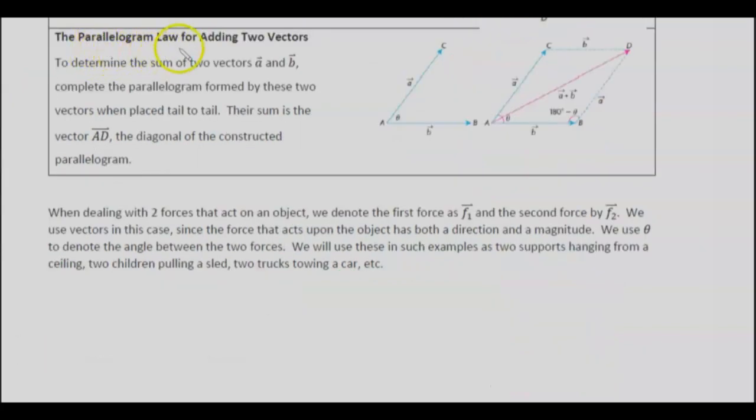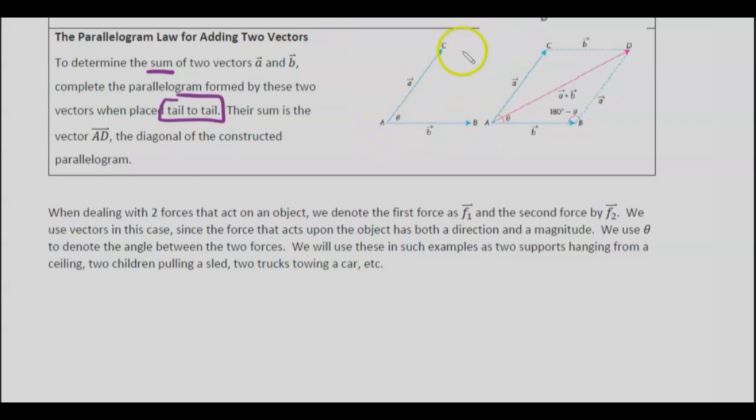So the parallelogram law of adding two vectors is kind of what we went over. Okay, so this is the law. To determine the sum of two vectors A and B, complete the parallelogram formed by these two vectors when placed tail to tail. Okay, so place them tail to tail, one goes up, one goes over, okay?